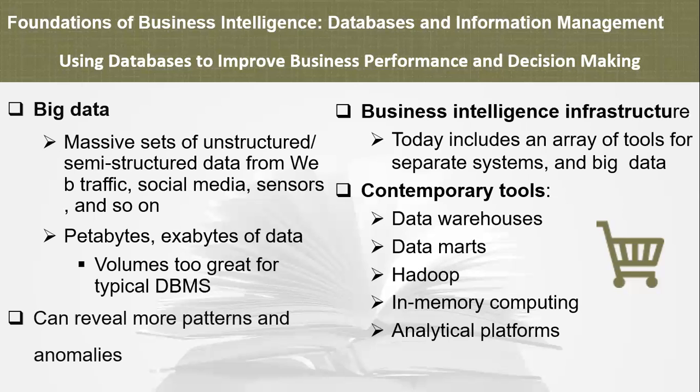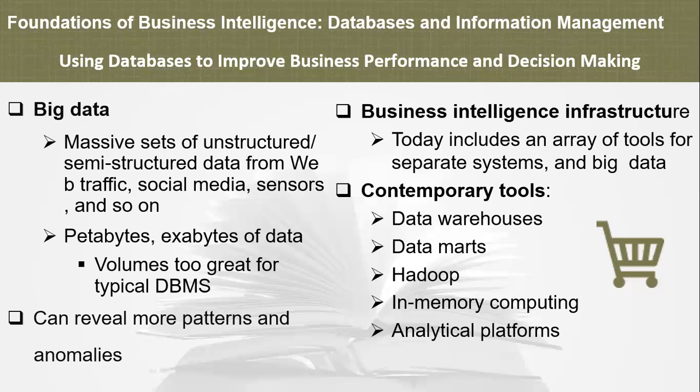Contemporary infrastructure for business intelligence has a range of tools for obtaining useful information from all the different types of data used by business today, including semi-structured and unstructured big data in vast quantity.